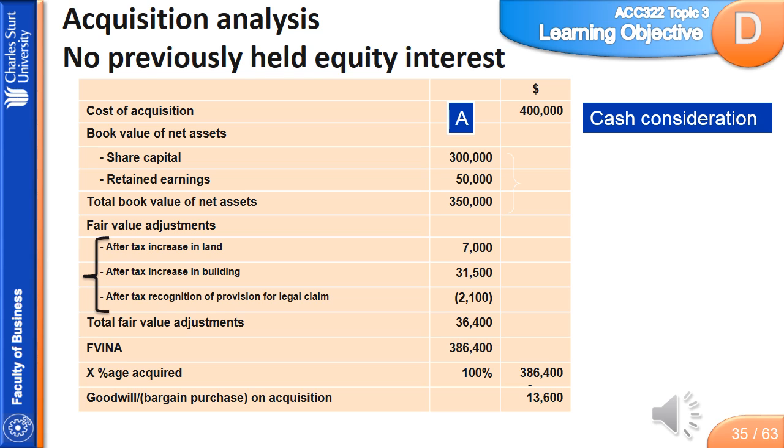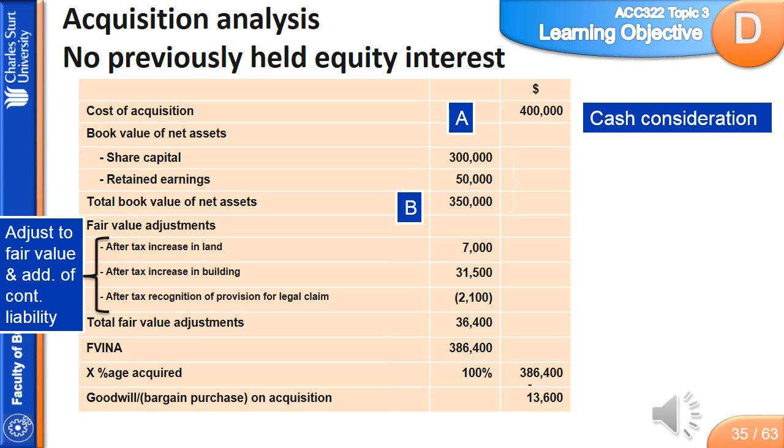And now we have to compare that against the fair value of identifiable net assets. So first we're going to start with the book value of the net assets, which is the share capital and the retained earnings, which is $350,000. That's the equity portion. And then we have to make these fair value adjustments.